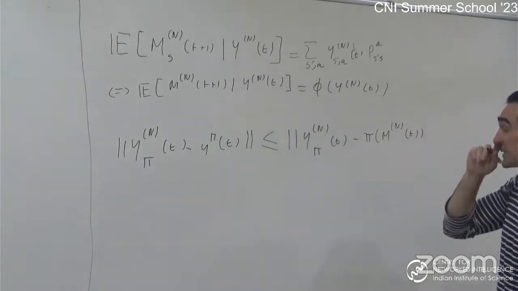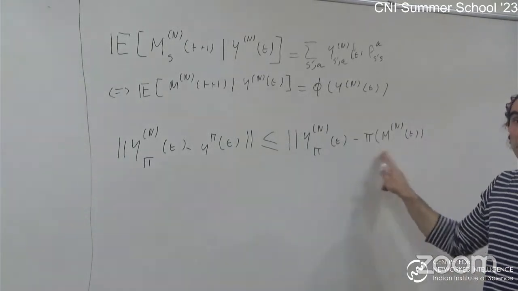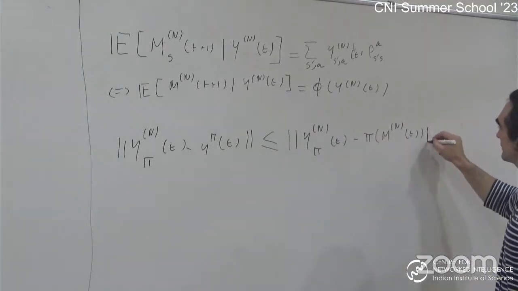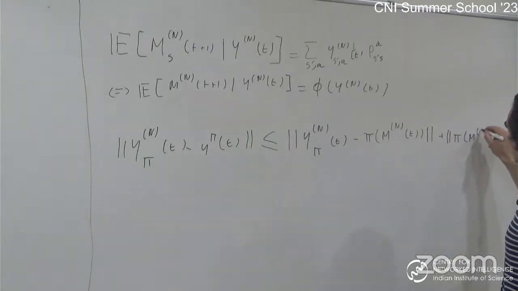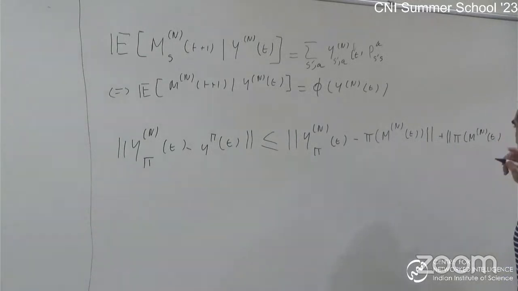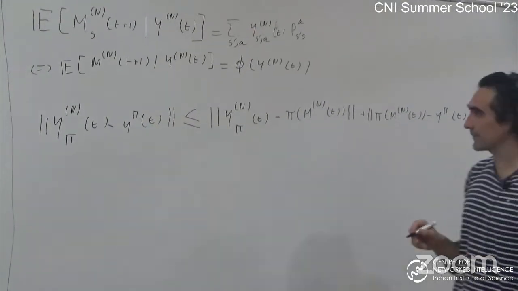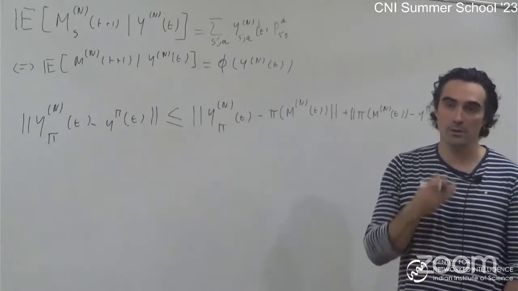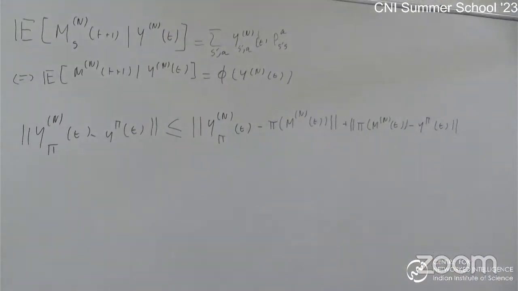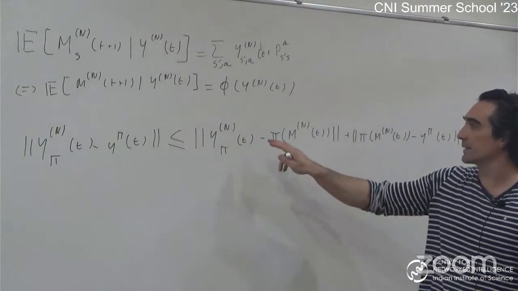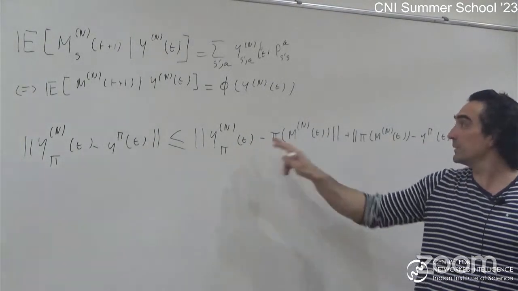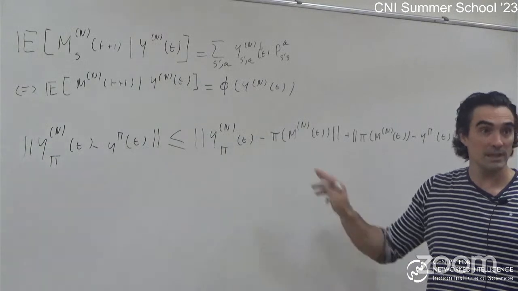So I'm adding and subtracting the steps before the rounding, plus pi. Does someone have an idea of the order of this term when n goes to infinity? You have to imagine that this is just a rounded version of this. That's it.